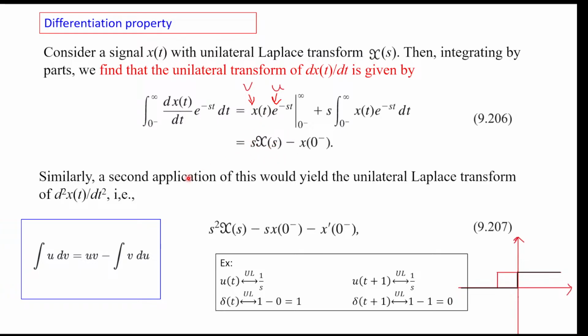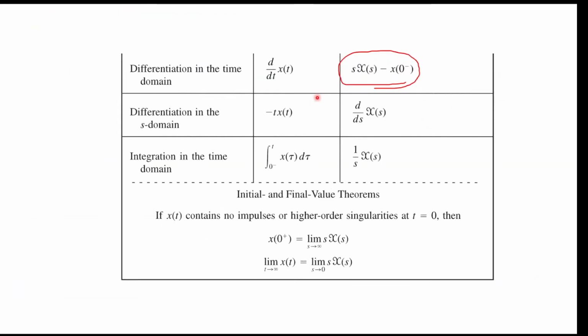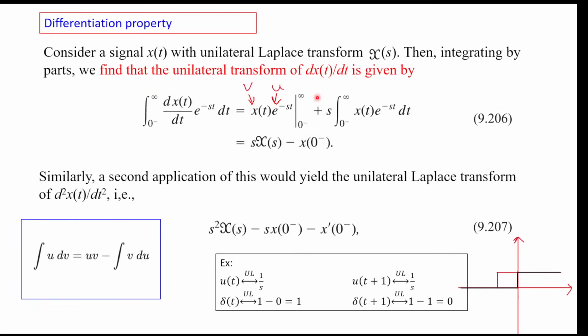And with this differential property, we see that it has an important application in solving initial value problems. Initial value problem means that you have a differential equation, but now we are not having the initial rest condition. We say we have initial value conditions. Initial conditions means that at some point, and it's usually 0, it's nicer if you have 0 because our unilateral Laplace transform starts from 0.